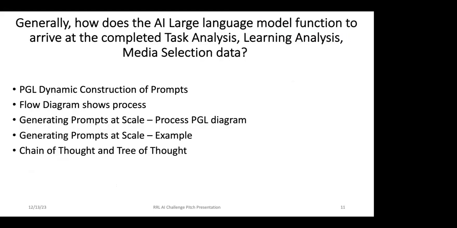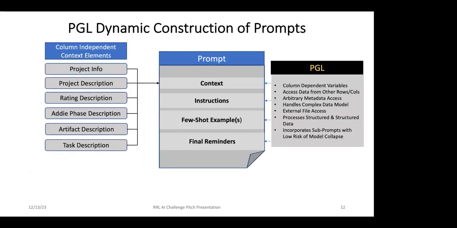Okay, so how do we then get from the large language model itself and couple the virtual agent and put all that together to generating a prompt? And this is really a microscopic view of the prompt generation process. And we break the prompt generation process into a part that provides overall context. And this would be independent of the actual cell. Okay, it would be across all the projects.